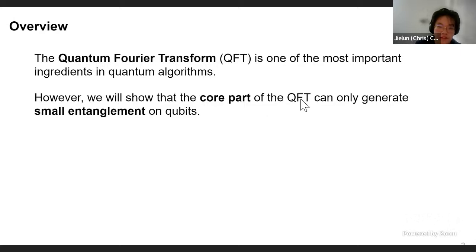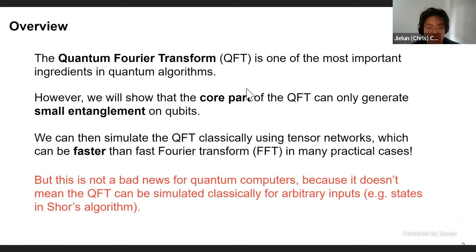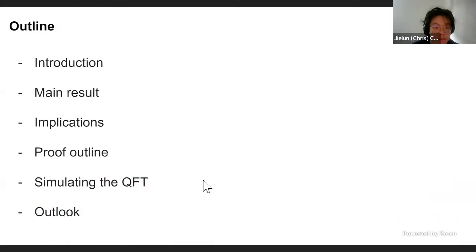We can then simulate the QFT classically using tensor networks, which can be faster than the fast Fourier transform in many practical cases. But this is not bad news for quantum computers, because it doesn't mean the QFT can be simulated classically for arbitrary inputs. For example, the state in Shor's algorithm will have an expensive tensor network, which I will also explain a little bit later.